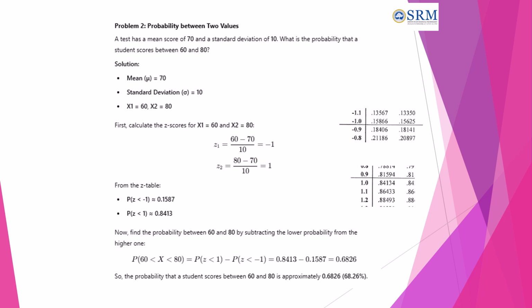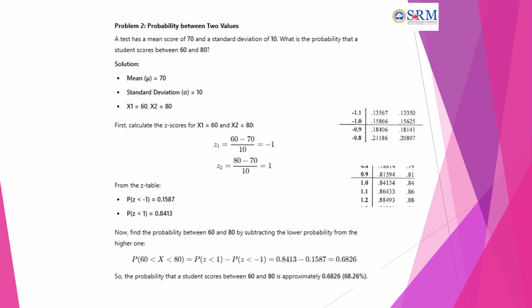Using the z-table, we find that the probability of scoring less than 80, that is, probability of z less than 1, is about 0.84. We can see from here, probability of z less than 1 is 0.84. And the probability of scoring less than 60, which is probability of z less than -1, is about 0.158.